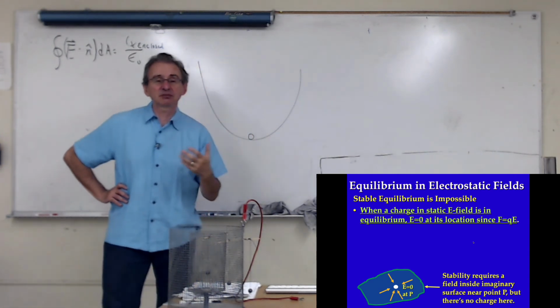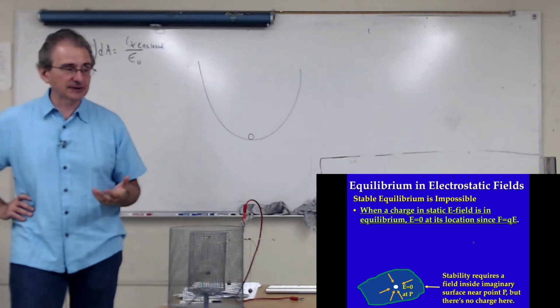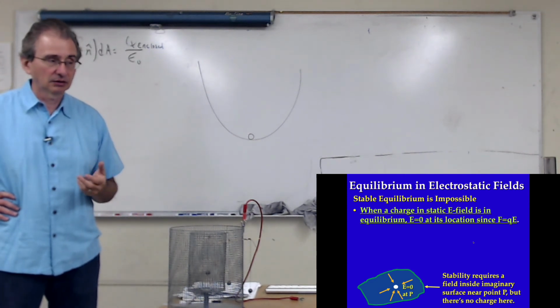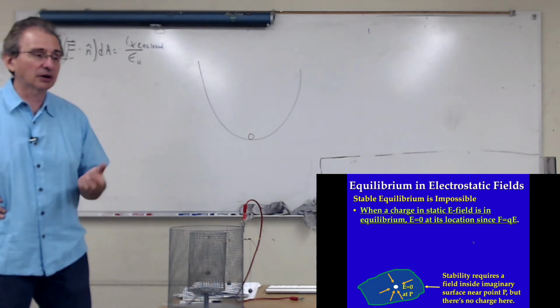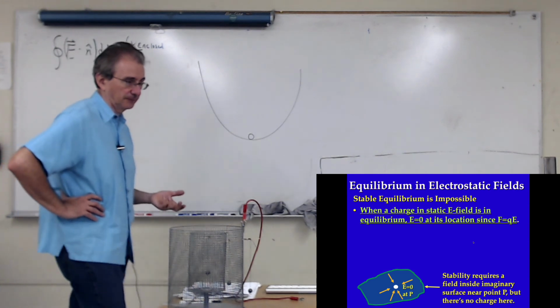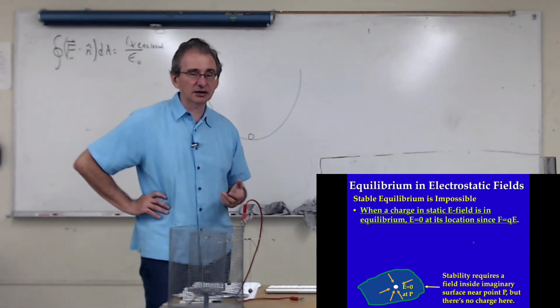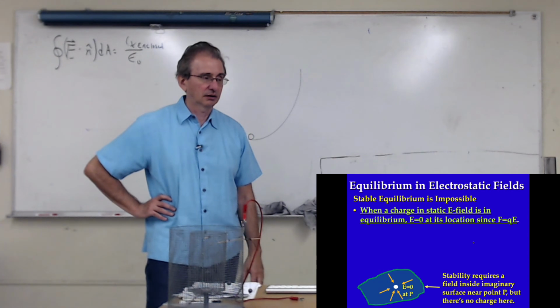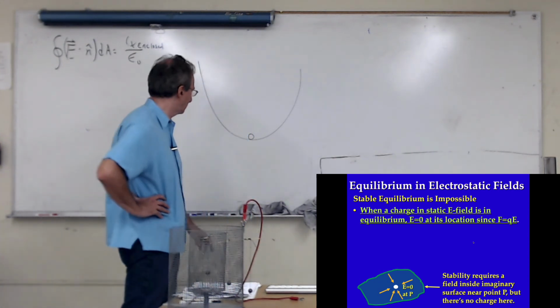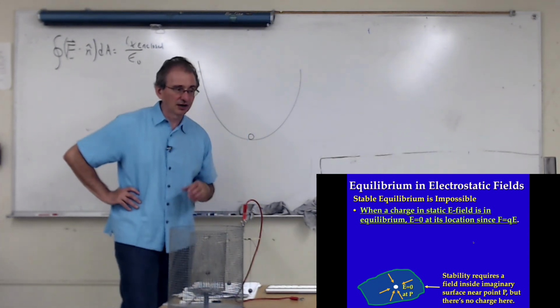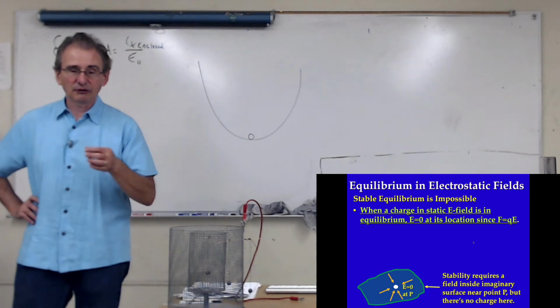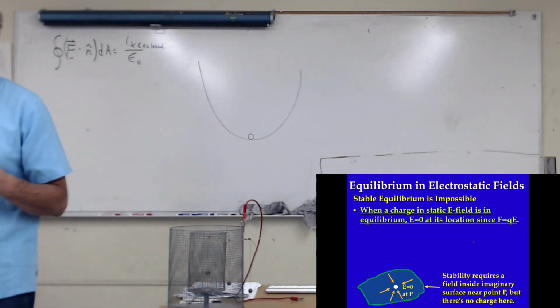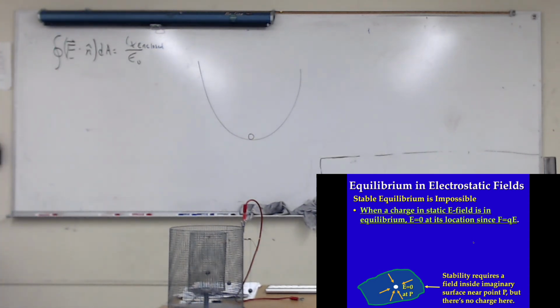If you have a system under the influence of electric forces only, and it's in equilibrium, that equilibrium is not stable. It's really hard to prove that in this class, but if you take a junior level class, you can. One of the ways, as you see in the picture there, is this: if I move that charge from the equilibrium position, there has to be a restorative force towards the equilibrium position.